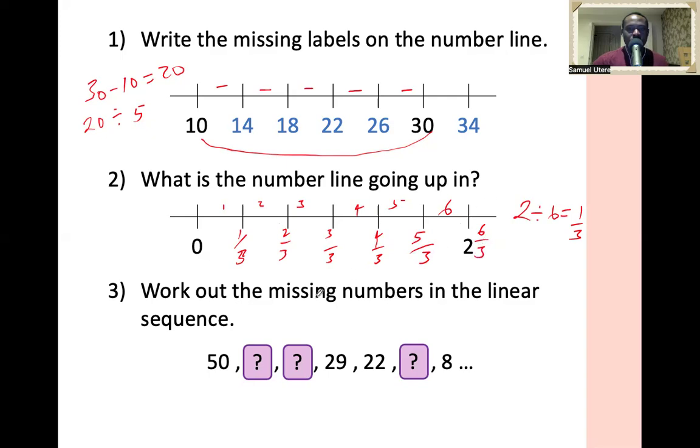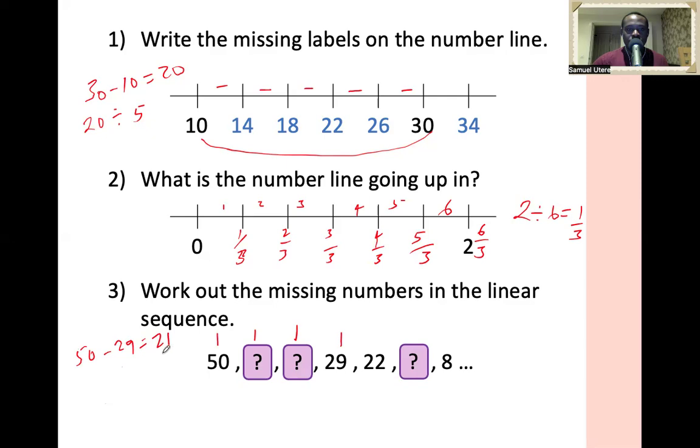Yeah? Okay, next one. We can use the same knowledge to complete this linear sequence where we have some of the numbers missing. So imagine that these are the intervals. Now, what is the value between 50 and 29? 50 minus 29 is 21.